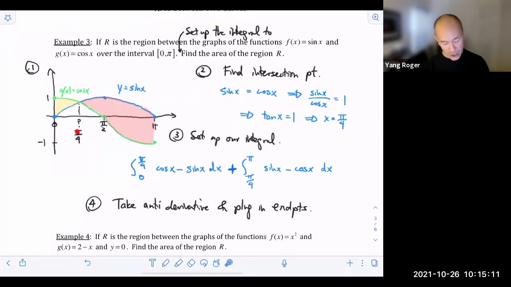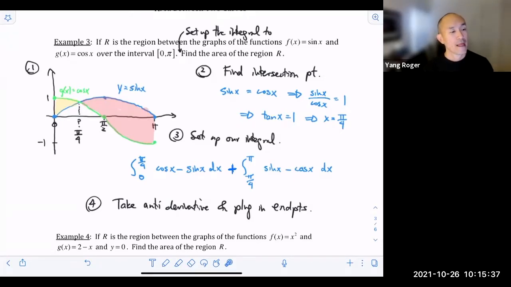Once we know that it switches at pi over 4, cosine is the top function and sine is the bottom function in the region from 0 to pi over 4. Then at pi over 4, it switches, and sine becomes the top function and cosine becomes the bottom function. That's why we have sine here and cosine there.